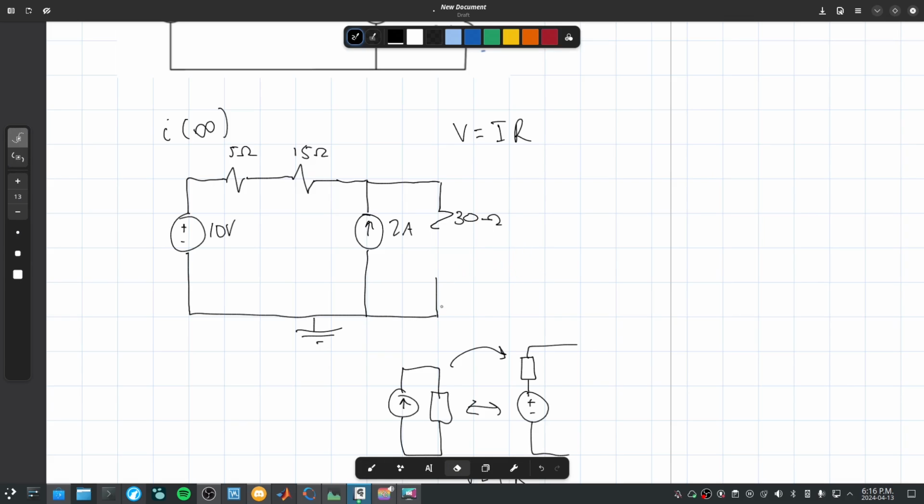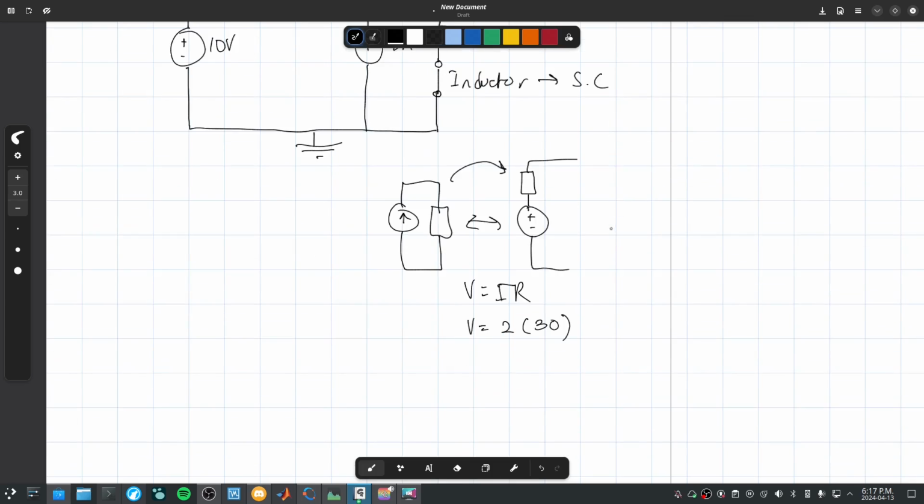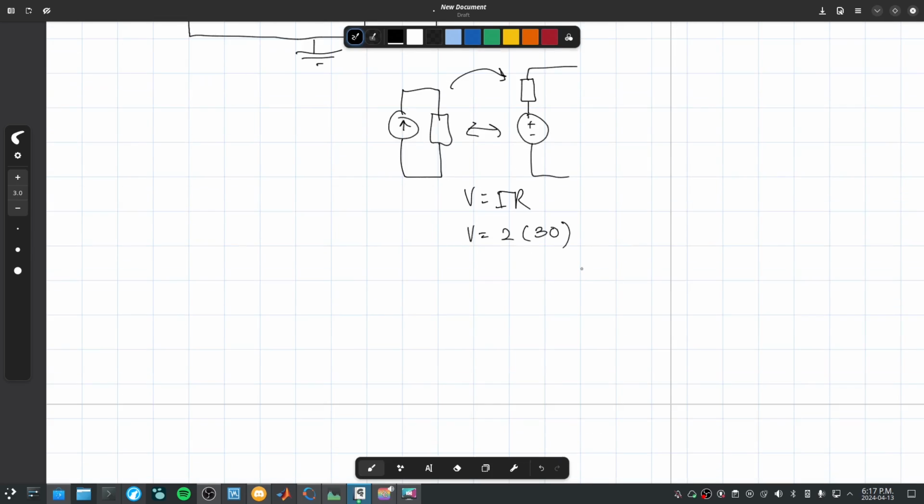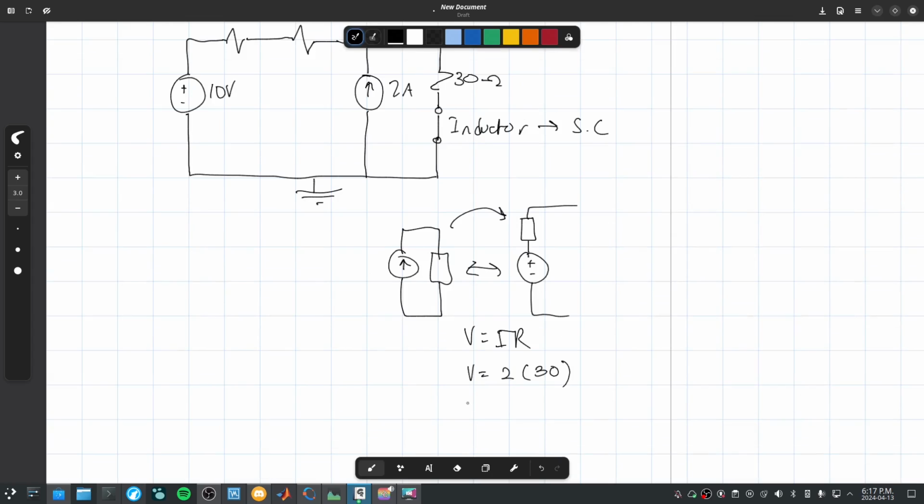This inductor, as it goes on towards infinity, becomes a short circuit. Because that's a rule, right? Capacitors become an open circuit. Inductors become a short circuit when they're completely full. So the voltage here is 60 volts.